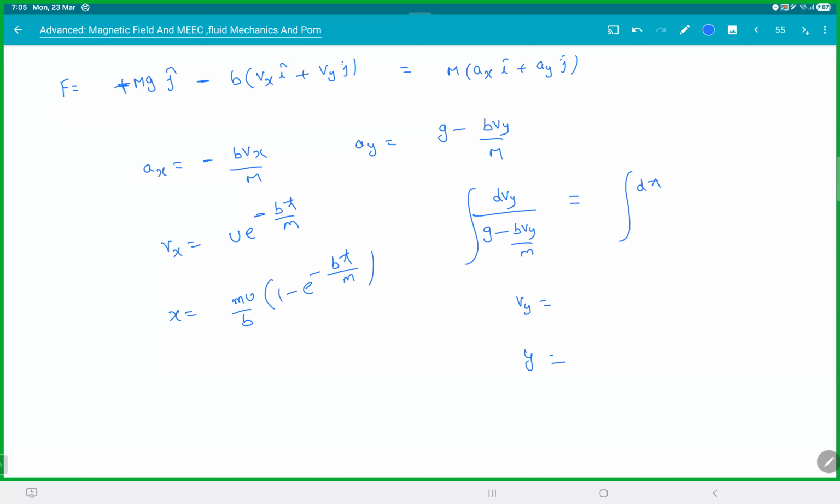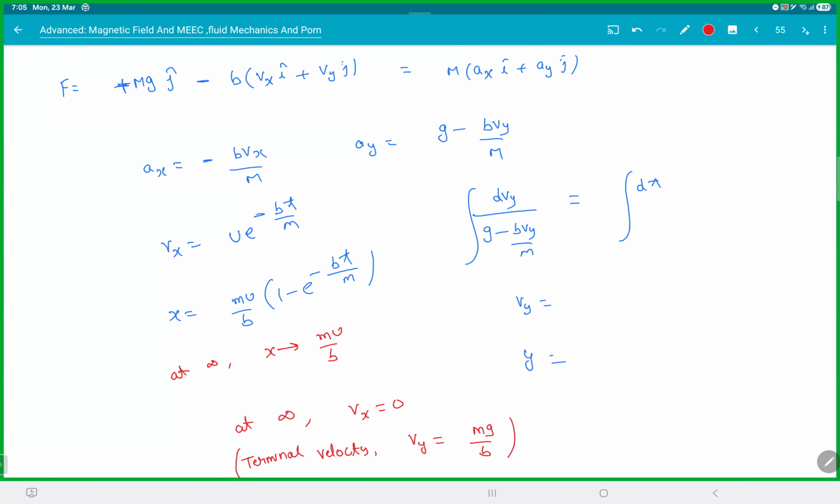But one thing, if you observe here, eventually at infinity, vx will become 0 and ay will be 0, right, because it will reach terminal velocity. vy becomes mg by b. That's your final speed. And also at infinity, the x coordinate will tend to mu by b.